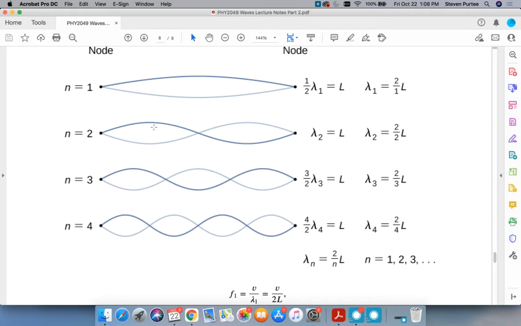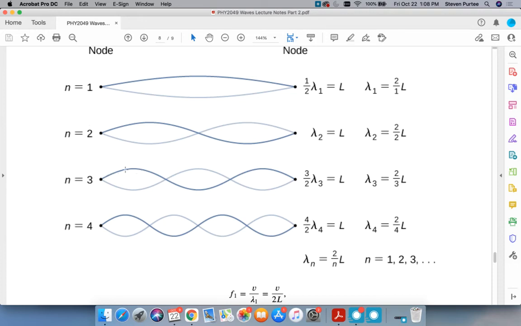If I go to the 24th fret on my guitar string and pluck it, I would get something that looks like this. It would be an octave higher again. So every time I double the number of crests, I go an octave higher. My pitch goes an octave higher. It's the same note, just twice as fast, an octave higher.